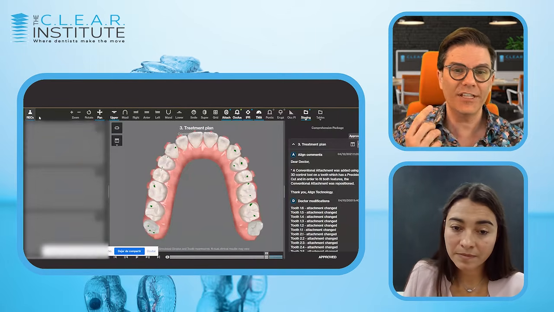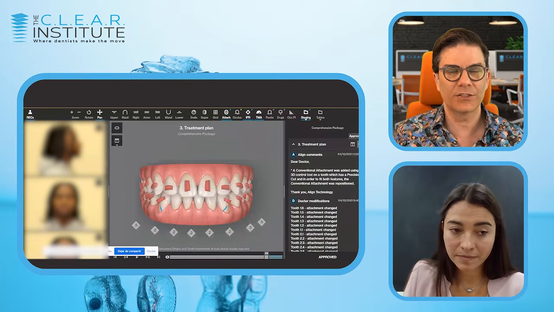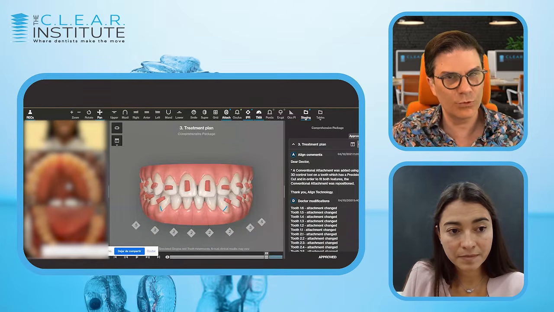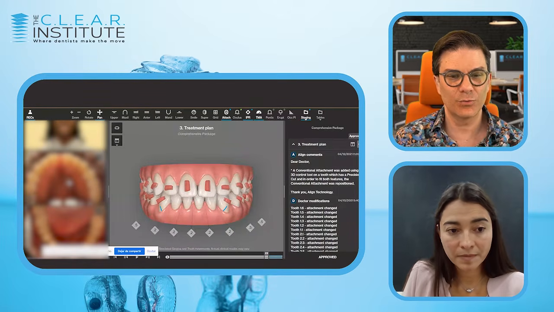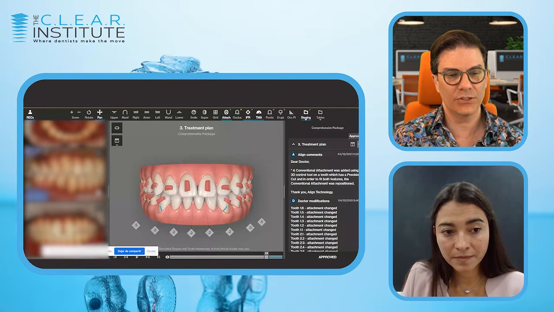You will feel it. If you can feel all the roots, you feel it's really thin. You're moving all the teeth like this. Think, there's a root in there, and you may have some limited movements that you can do.